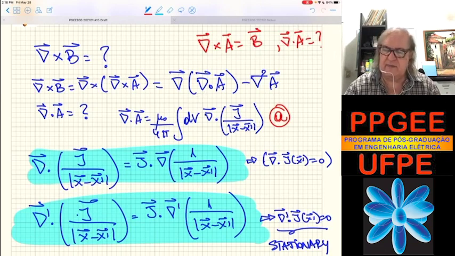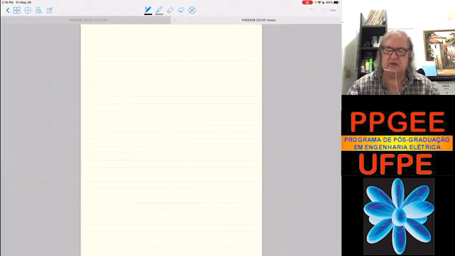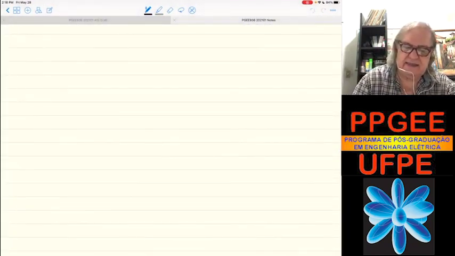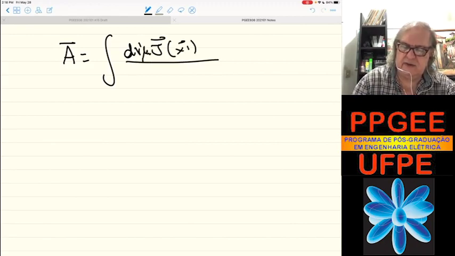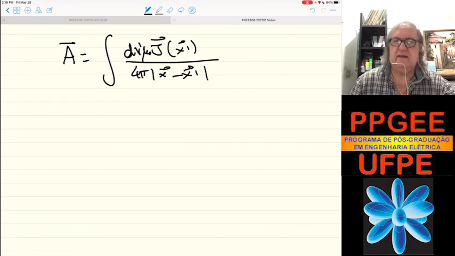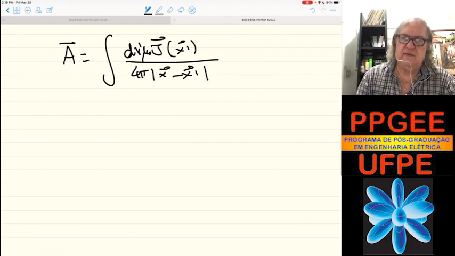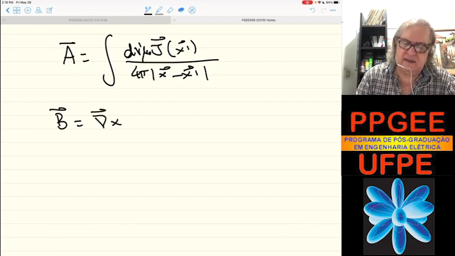Let me, before I go on, just recall to you that we said that A has a formula, mu 0 over 4 pi, integral of J over x minus x prime. We said that because we showed that B equals the curl of this integral here.